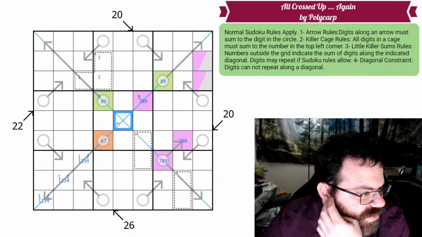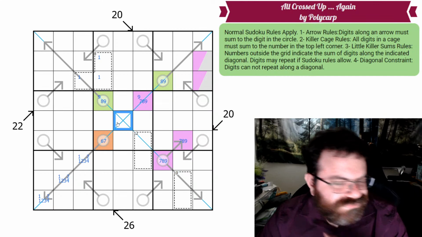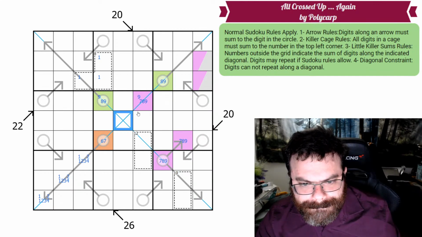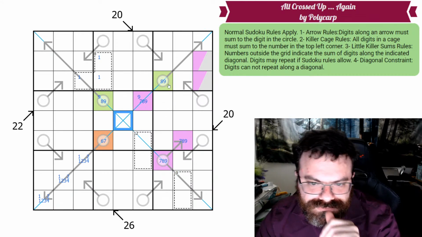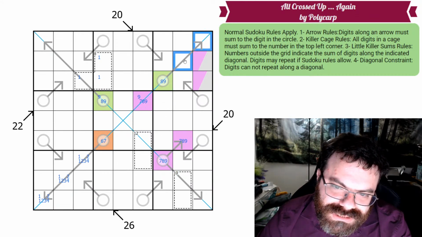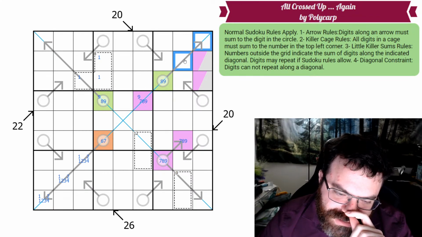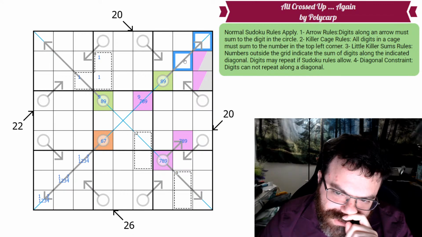The center would be 6. If I want to make 9, I could be 3, 6, or 4, 5. It's a bit more open.